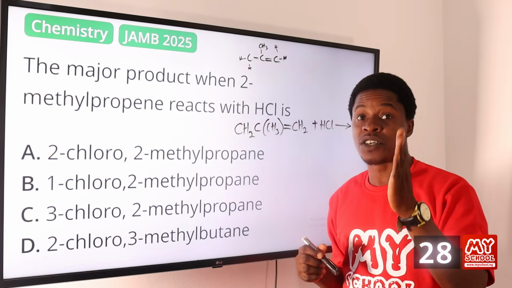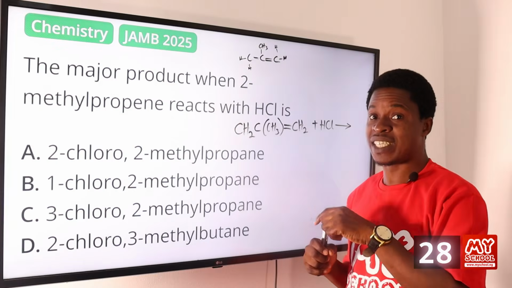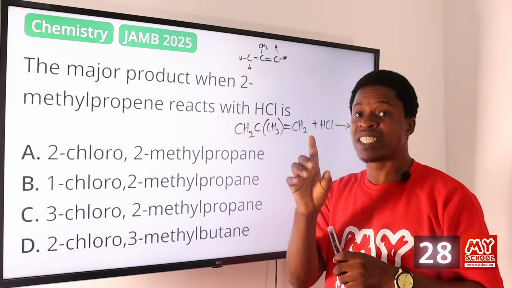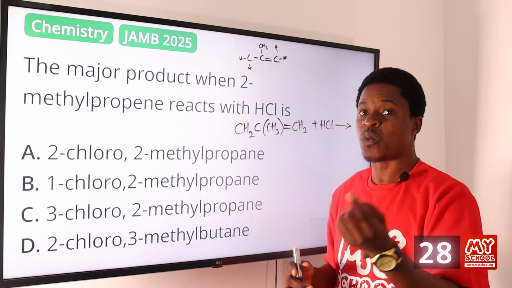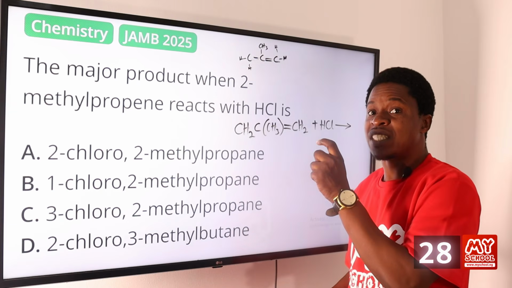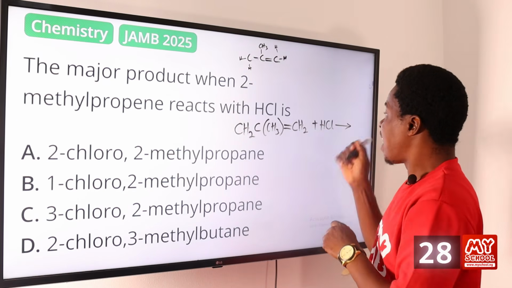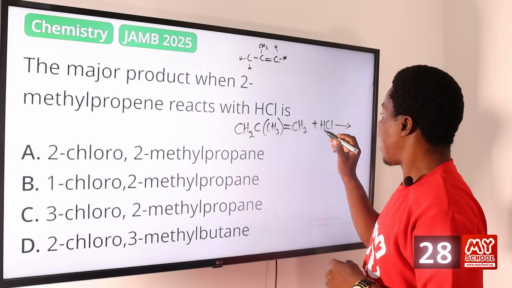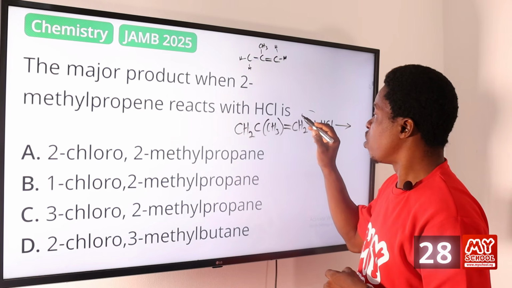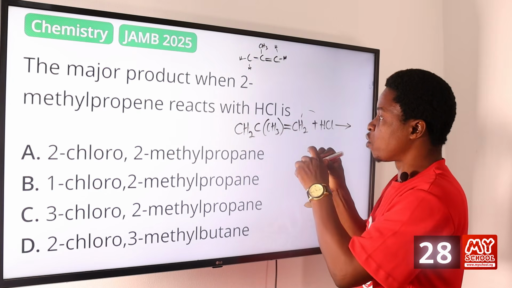Now, there's a rule we call Markovnikov's rule in organic chemistry. Markovnikov's rule states that whenever a hydrogen halide is reacting with a hydrocarbon, especially an alkene or alkyne, the hydrogen from the hydrogen halide is going to attach itself to one side of the double bond.